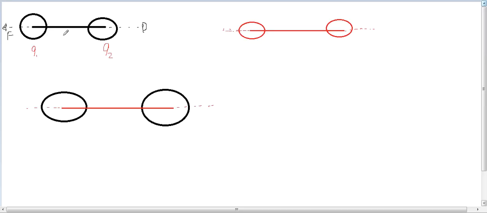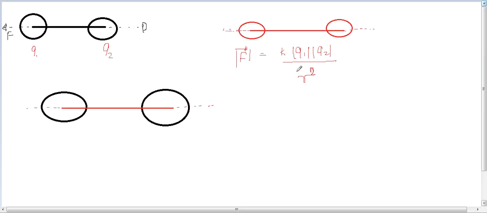The magnitude of this force is F = k |q1 q2| / r². I am not writing the sign of the charges here, so this is the magnitude.